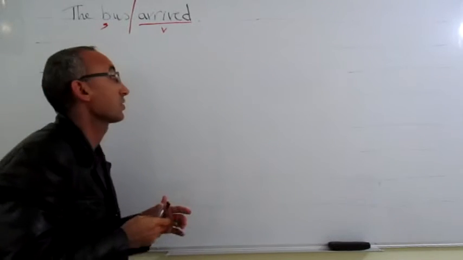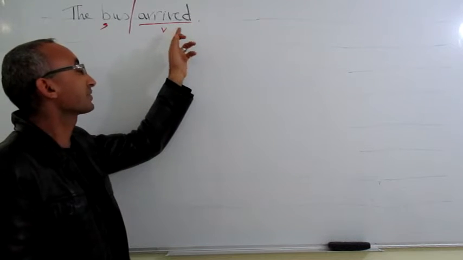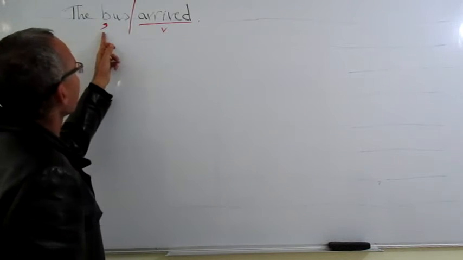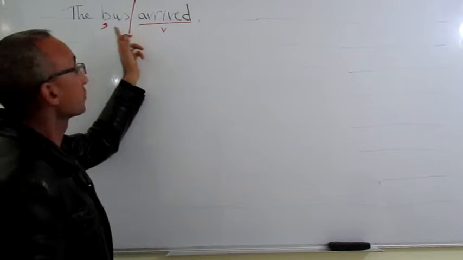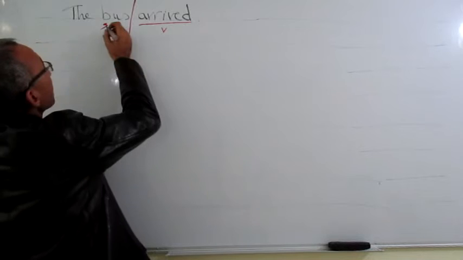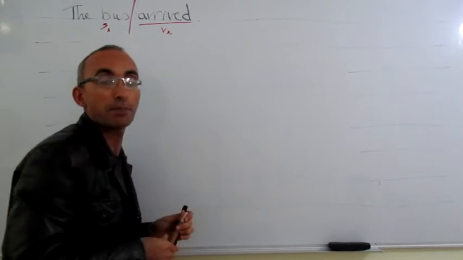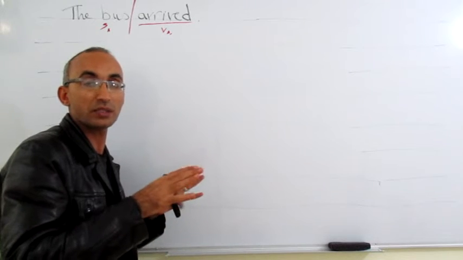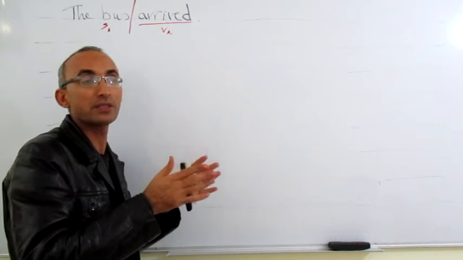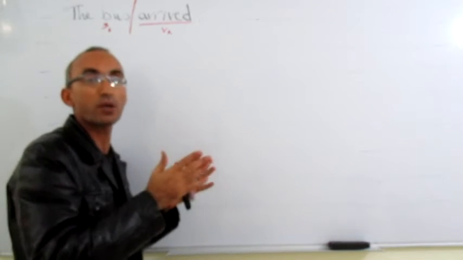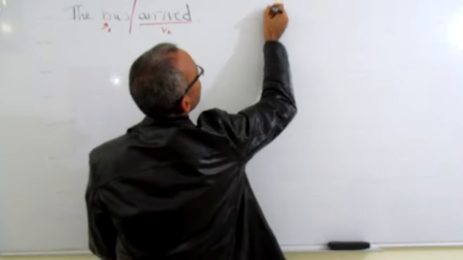Of course, as this verb needs no object, it's going to be only an intransitive verb. Now, here I have only a subject plus a verb. One subject and one verb. And if you remember in the previous patterns, we also said that all the patterns which contain only one subject and one verb belong to the simple sentence. So our first example is a simple sentence.